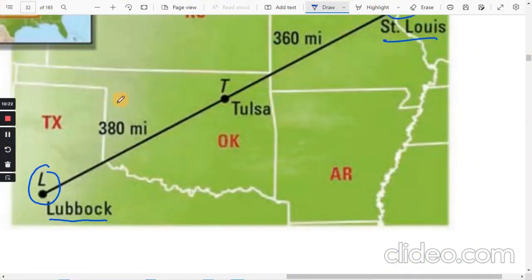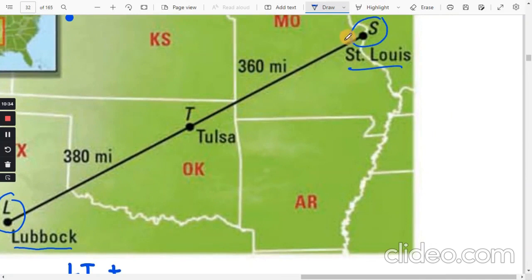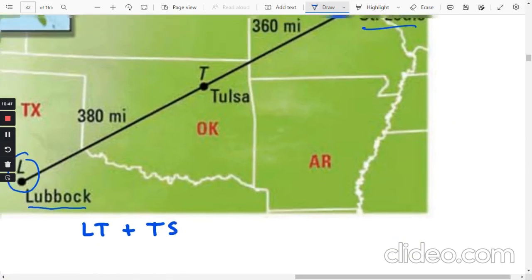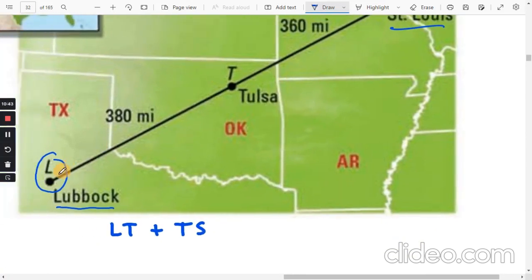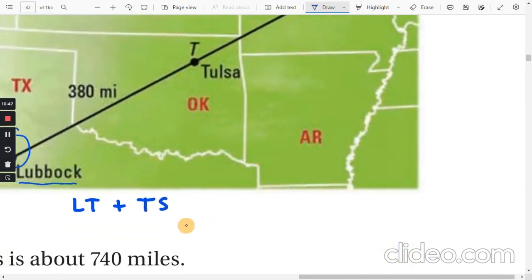Just so you can see the formula, this piece here is LT, and then this piece up here is TS. And then the entire line segment starts at L and goes up to S, so that's going to equal LS.